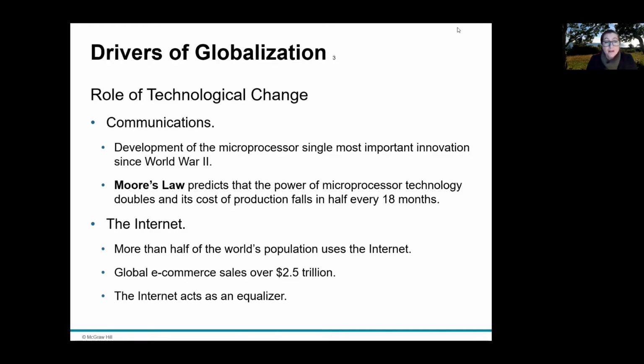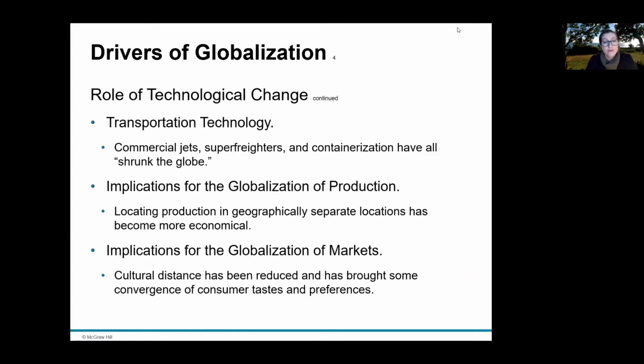I'm talking about, for example, Indonesia. We'll talk about that more as we go along. But global e-commerce sales are currently over $2.5 trillion.